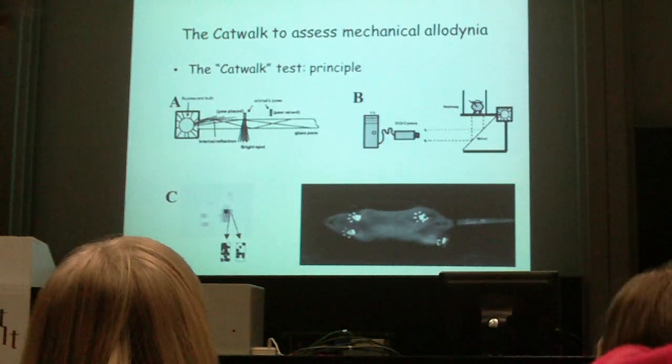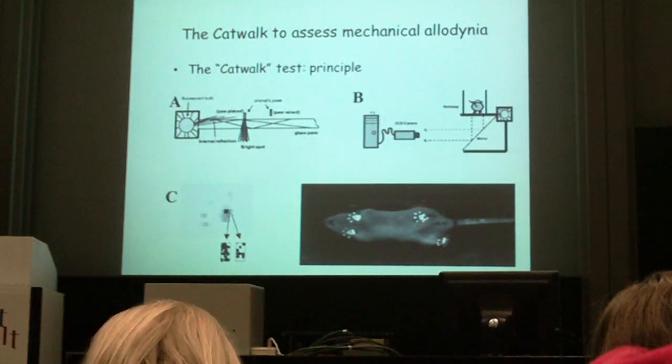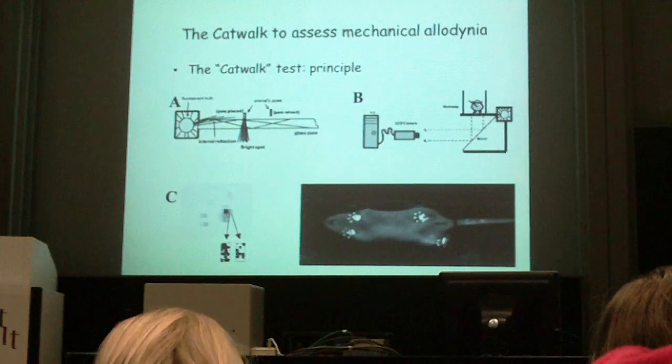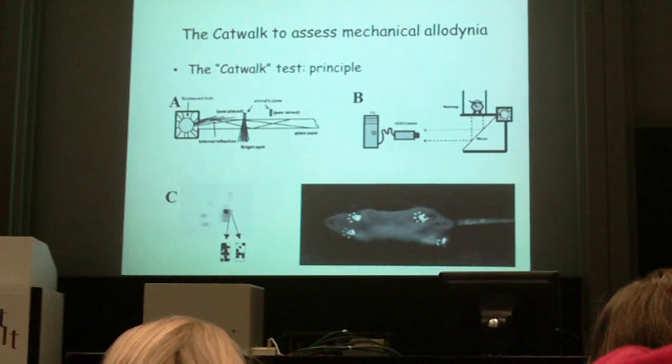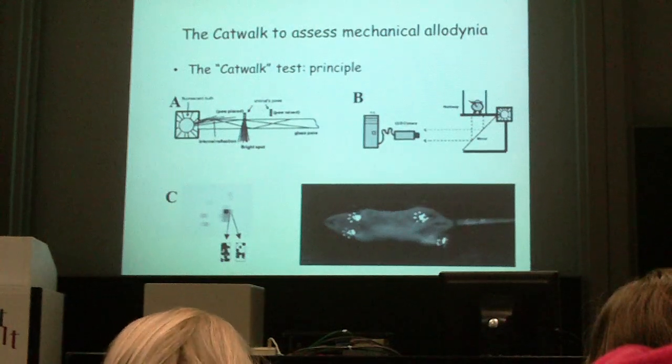And when the animal crosses the glass plate, at the place where it positions the paw, there's a breaking of the light, and that can be recorded through the mirror by the CCD camera, and this one's attached to the personal computer. So you can start recording when the animal crosses the glass plate.